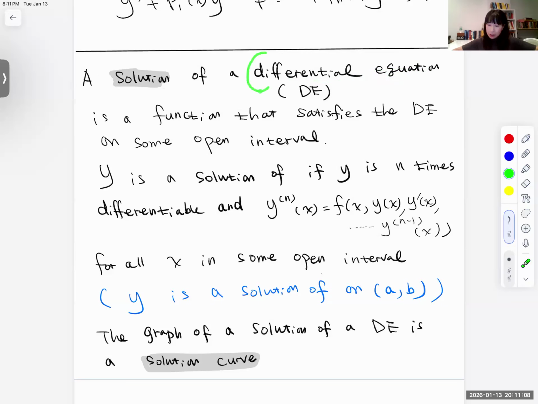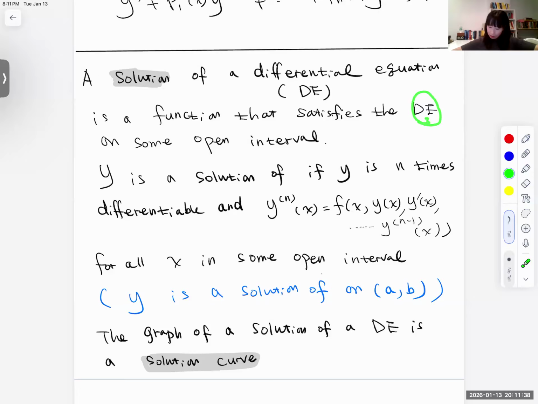So the first letter from the first word, and the first letter from the second word. Thus, a solution of a differential equation is a function that satisfies the differential equation on some open interval.